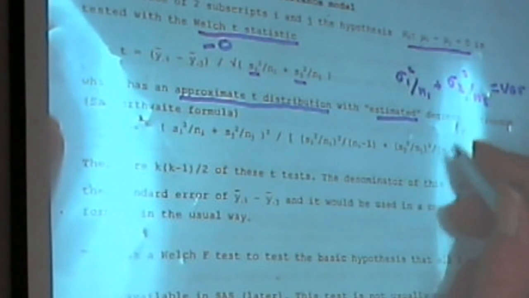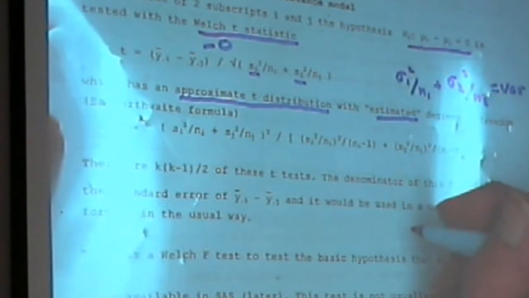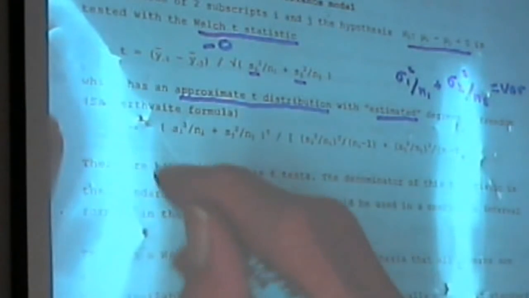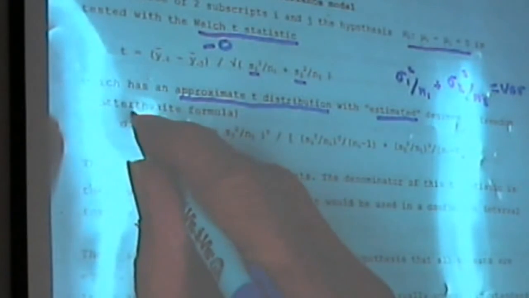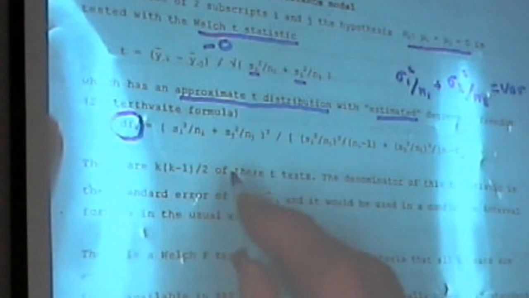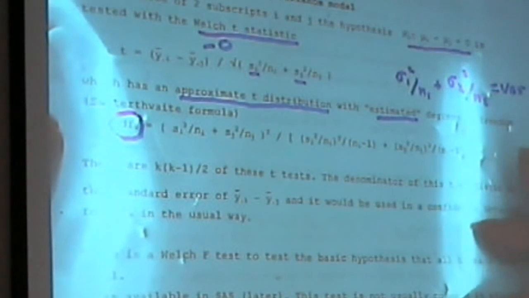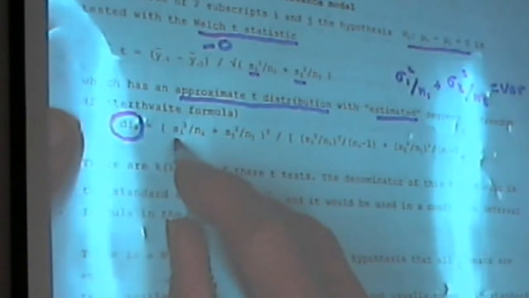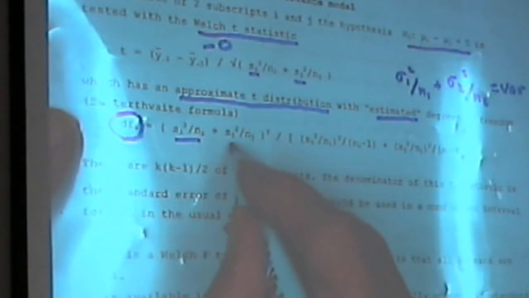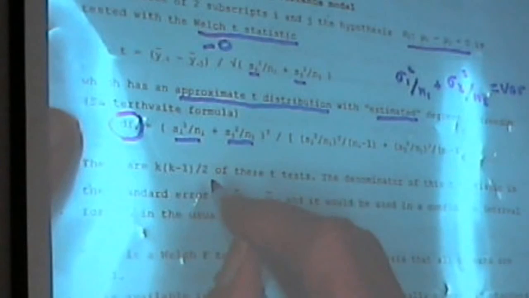The estimated degrees of freedom for the Welch t-test, I call it DFW here, is this big, clunky, messy formula. Notice that it depends upon the s's. Here's s_i squared over n_i, s_j squared over n_j. That's added together and squared in the numerator.